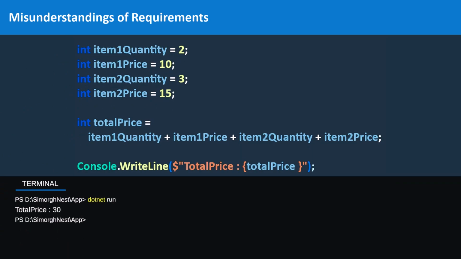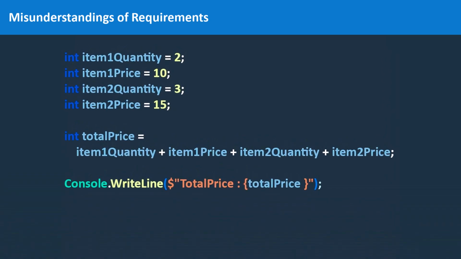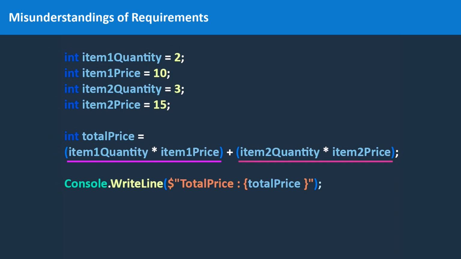Because of an incomplete understanding of the program, this developer mistakenly introduces a logical error. As you can see, there are no error messages during compilation. In this case, the developer should multiply the quantity of each item by its price and then add up the results to calculate the total price.